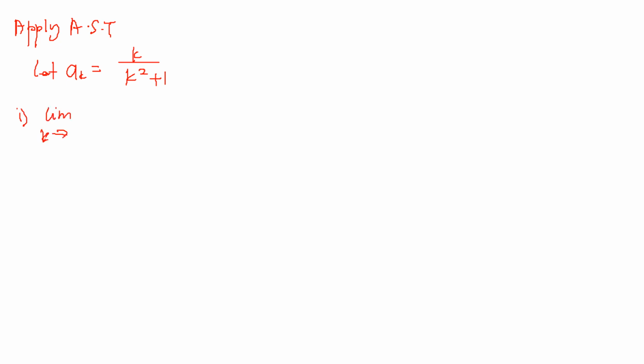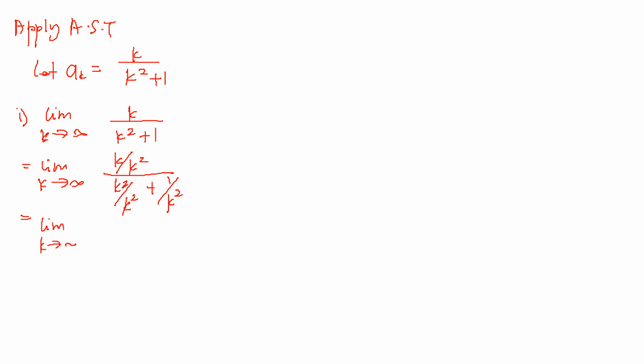Limit as k approaches infinity of k over k squared plus 1. Then you solve this by dividing by the highest denominator, which is k squared. Then you will get the limit as k approaches infinity of 1 over k, divided by 1 plus 1 over k squared, and your answer equals 0, so rule number 1 is satisfied.